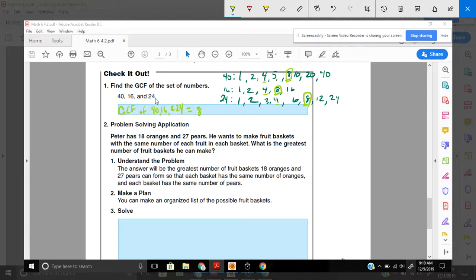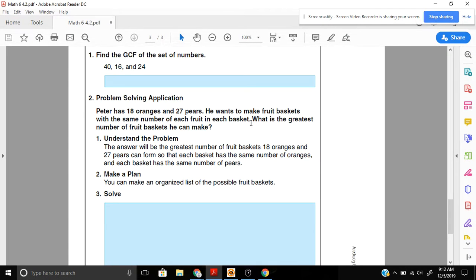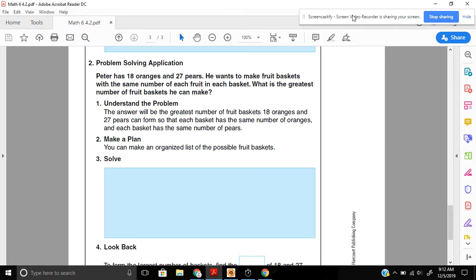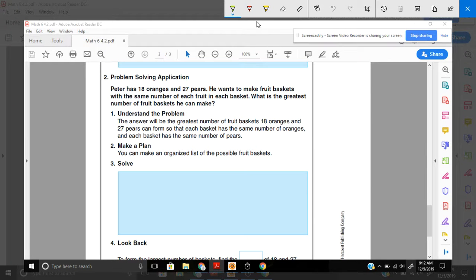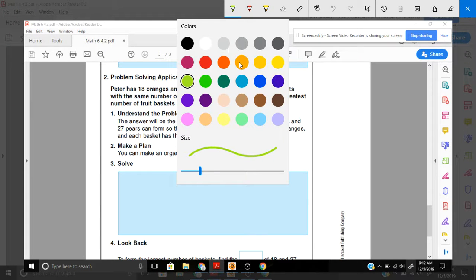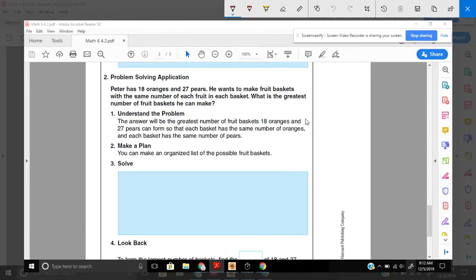The second one here is just like that word problem that we finished up just a second ago. It says Peter has 18 oranges and 27 pears. He wants to make a fruit basket with the same number of each fruit. Find the greatest number of fruit baskets that he can make. So let's make an organized list again, similar to what they had before. I'll do my best to make straight lines here.